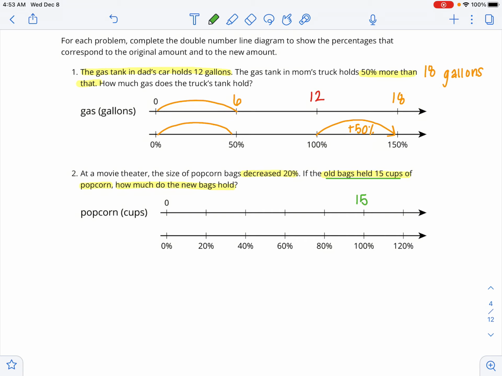Now, on this number line, we're counting by 20%, which means we're splitting up 15 into 1, 2, 3, 4, 5 groups. Please pause this video to give question 2 a try. You need to figure out what we're counting by in order to line up number of cups of popcorn with 20, 40, 60, 80%. Pause the video and try it on your own.